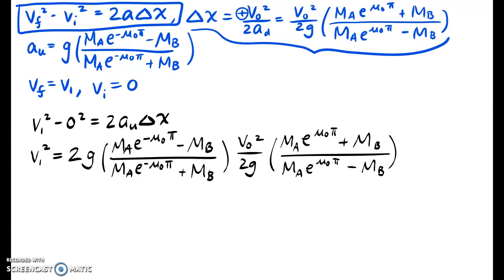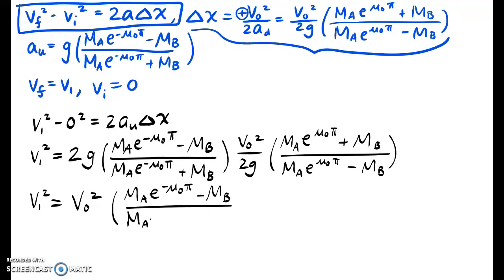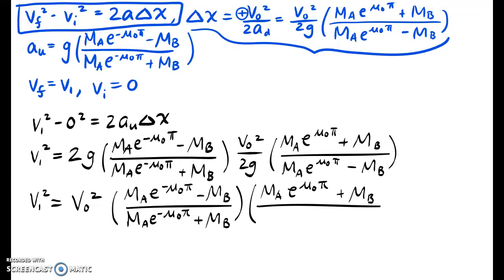So if we cancel out some terms, we find that V1 squared is equal to V0 squared. And we're multiplying by 2G and dividing by 2G, so they are canceled out, so we have the two coefficients, MA times e to the negative mu 0 pi minus MB over MA e to the negative mu 0 pi plus MB. And we have a similar pattern, except it's e to the positive mu 0 pi and e to the mu 0 pi minus MB on the bottom.